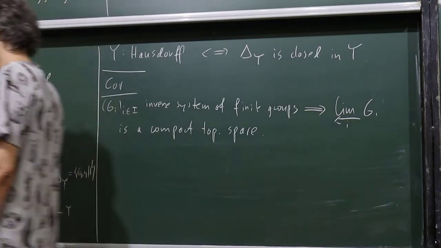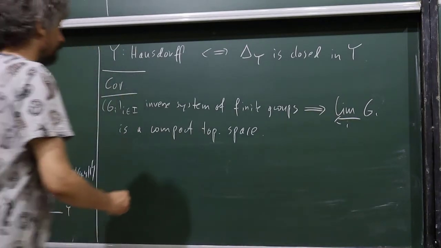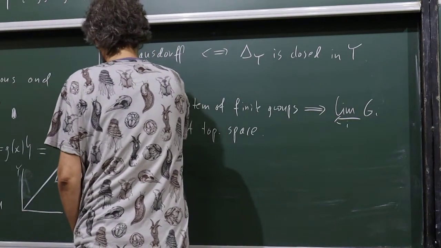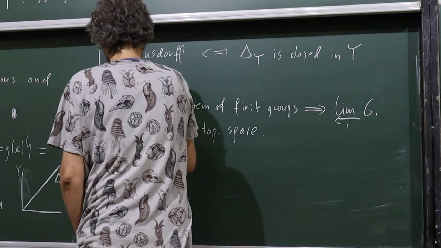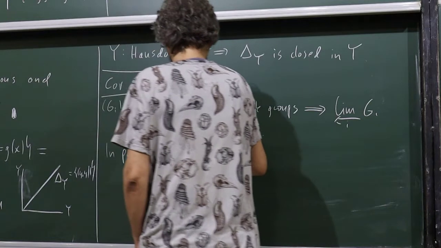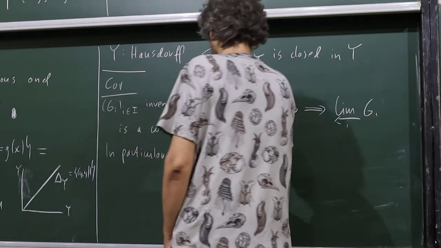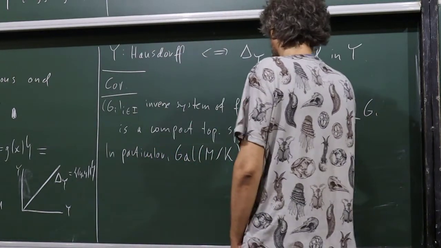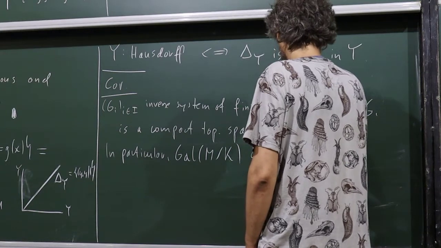So we have this one more structure, in particular our Galois groups. These infinite Galois groups are like this.